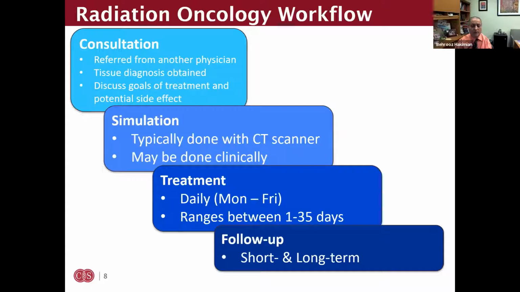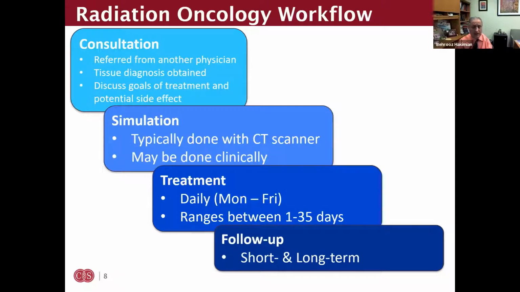So what we do is we 3-dimensionally construct the tumor, and then we figure out the angles of radiation, how to hit the tumor very well with margins. And again, the margins are extremely important for us. And minimize the radiation dose to some structures like the bone, so we don't cause fracture. So we can spare some of the skin, so we don't cause edema of the extremities.